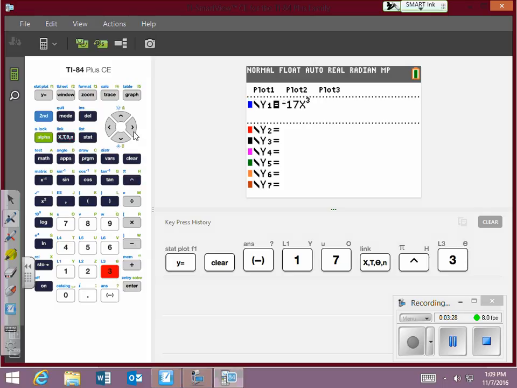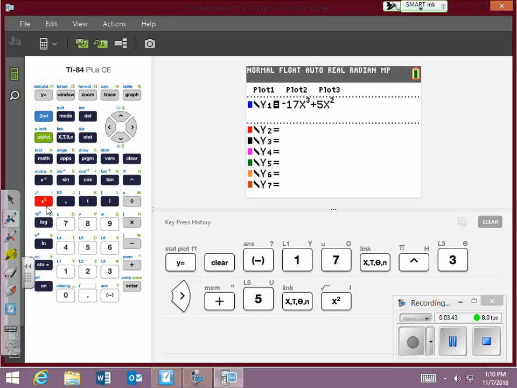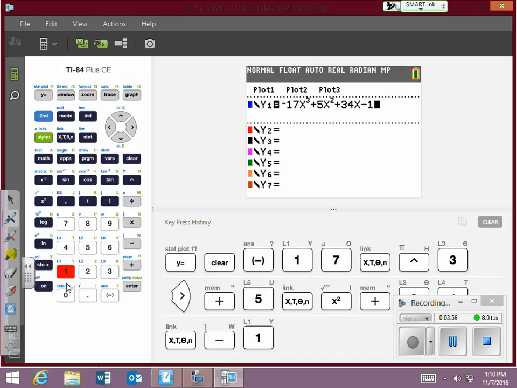I got to get that cursor out of the exponent, plus 5x squared, right? Plus 34x. And minus 10. Now we use just the regular minus. Now what do I do? Graph it.